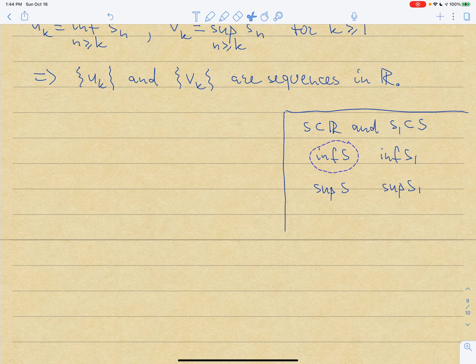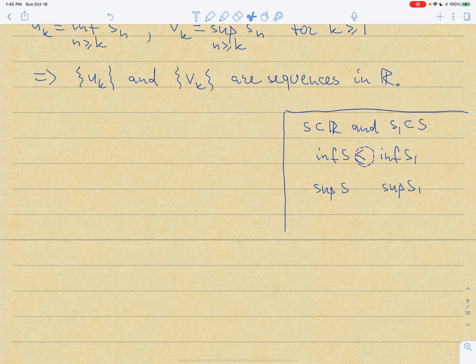And so the point of this is that the infimum of the larger set must be less or equal than the infimum of the smaller set, because the larger set can contain even smaller numbers than S1. If it doesn't, then the infimum is not going to change. But if it does, the infimum is going to lower. So there is this inequality, less or equal, between two infima.